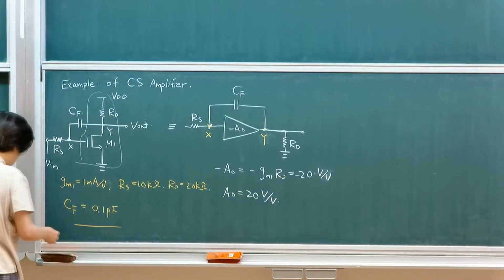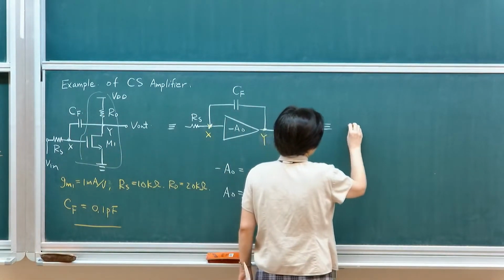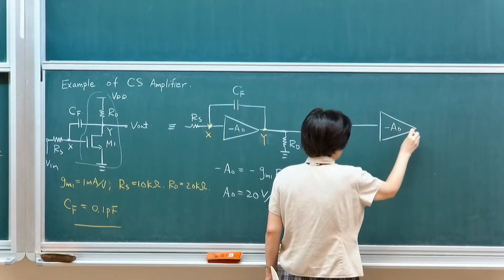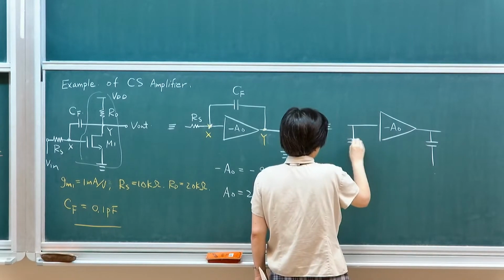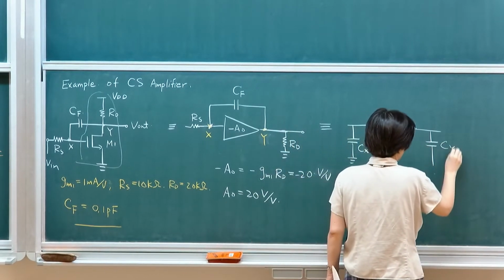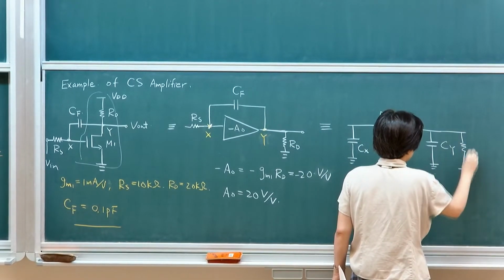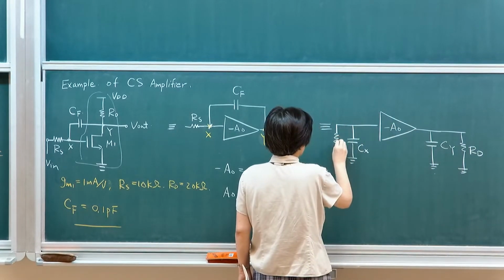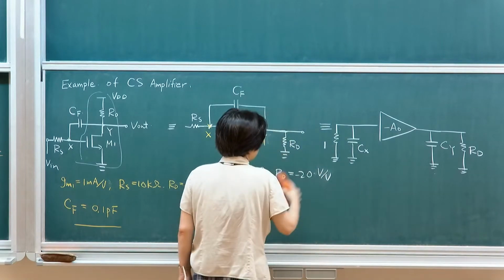Once we have that, we can then reconstruct the circuit as equivalent to this. So you don't really care about what happened within, but then it will be CX, CY, and it would have a loading resistance, RD. What you see in the front will be the resistance of RS.